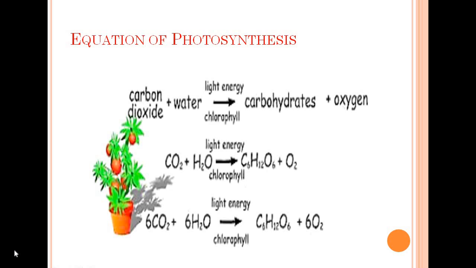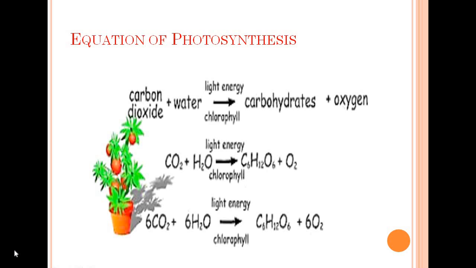Here there are two reactants, carbon dioxide and water, and two important conditions are also there: light energy that we have taken from the light, and chlorophyll, one of the green pigments.